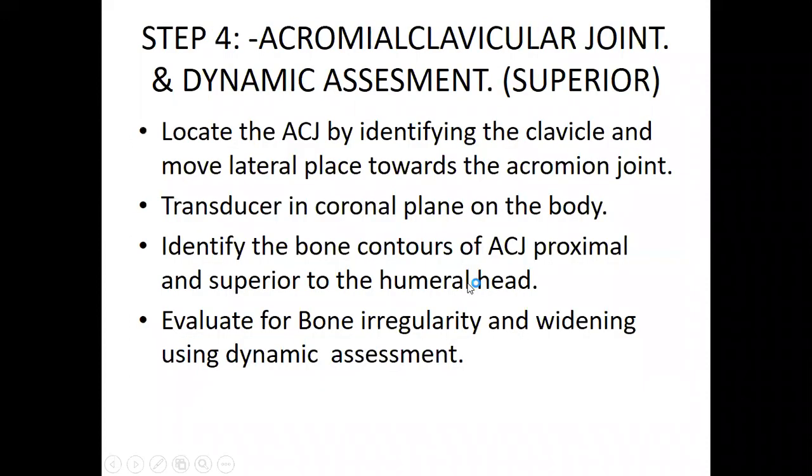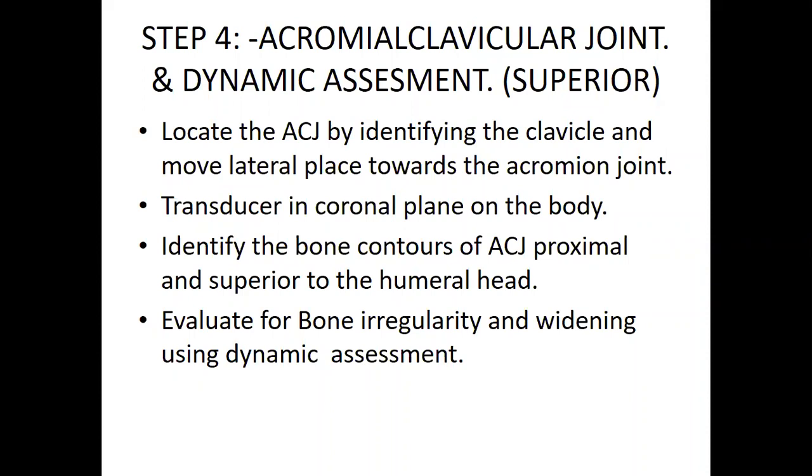Step 4, you need to appreciate that you've got the posterior compartment. Sorry, the superior compartment. Now, in the superior compartment, you are just looking at one thing: the acromioclavicular joint, just above the shoulder joint.